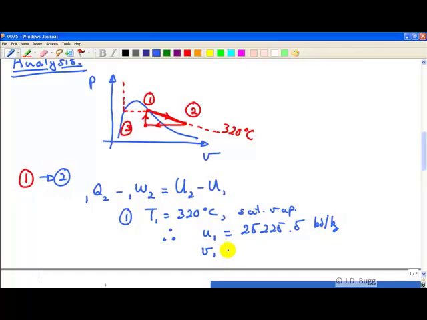And while we're there, look up the volume as well, because we're going to need it for work calculations eventually. It is 0.01549 meters cubed per kilogram. So these two things are coming from table A2, saturated vapor values at 320 degrees C.